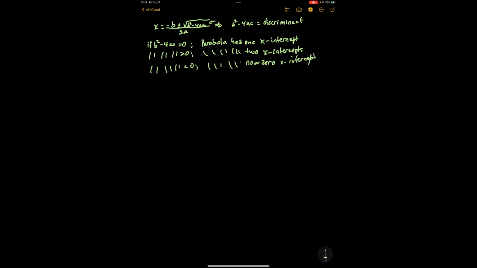So basically, what does that mean? That means if you have a function, you can already give the answer to how many x-intercepts a function has based off this part right here, based off this part only.